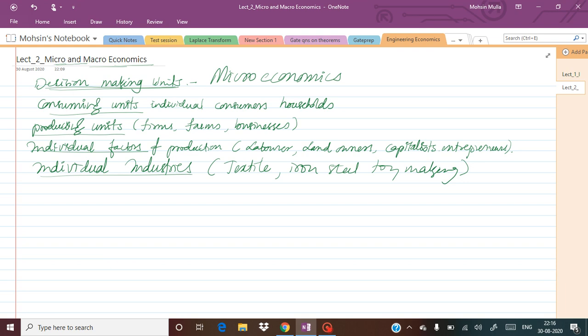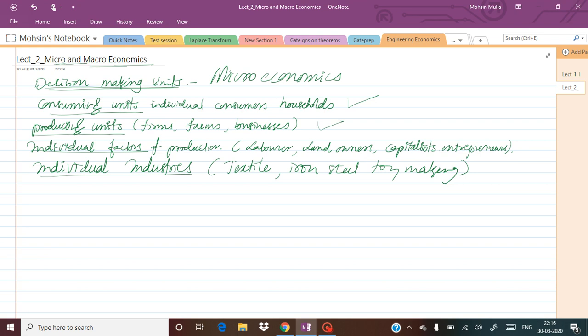When we are analyzing the problems of the economy as a whole, it is a macroeconomic study. When we are analyzing the problem at the consuming units level, it is micro.